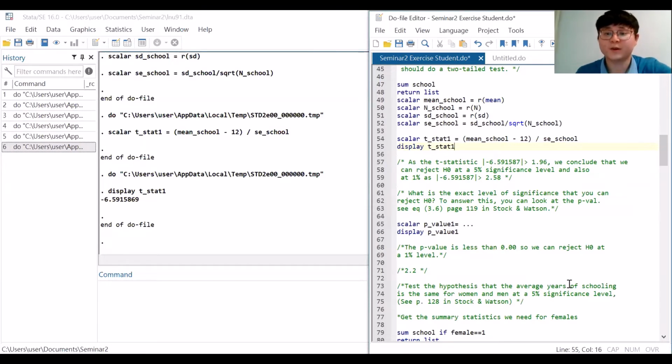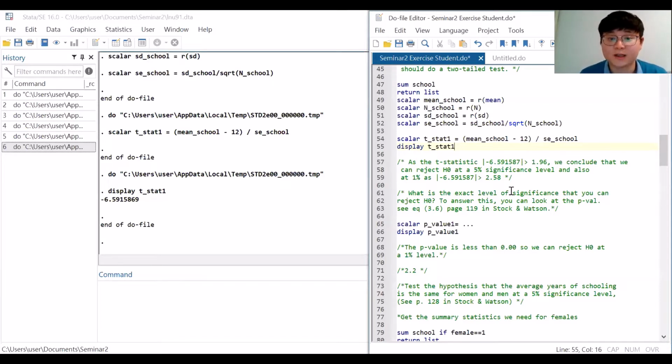So the relationship between t statistics and p-value is that, as we can see, the absolute value of t statistics, which is 6.59, is bigger than 1.96.